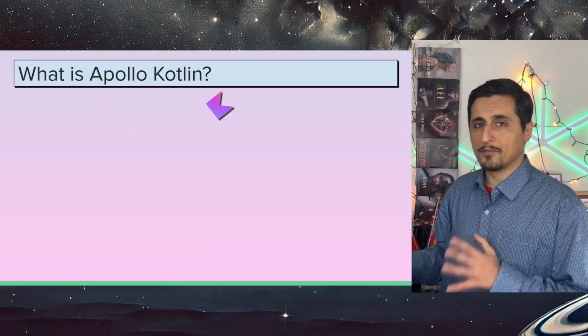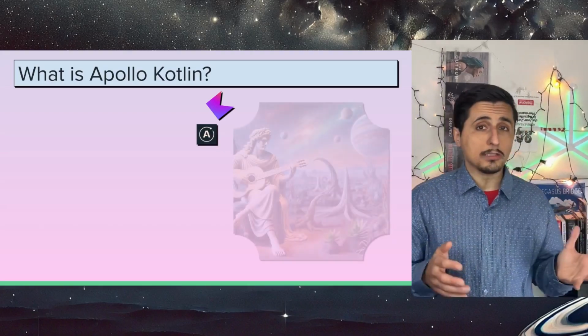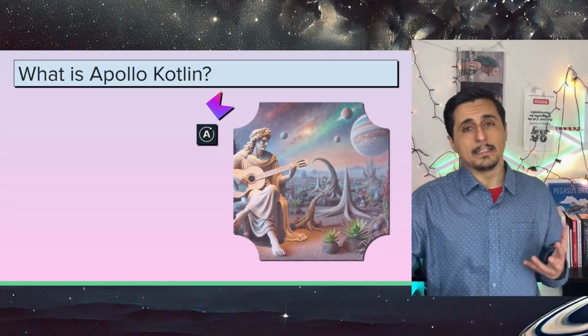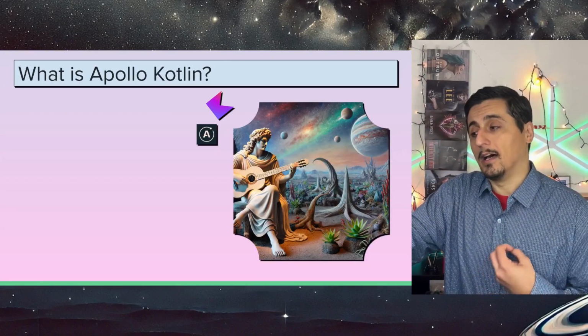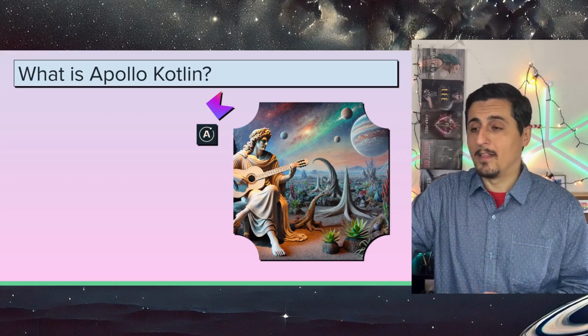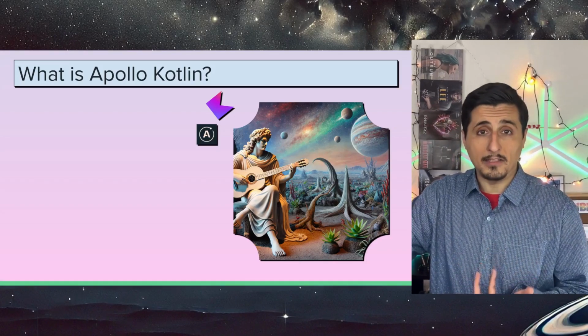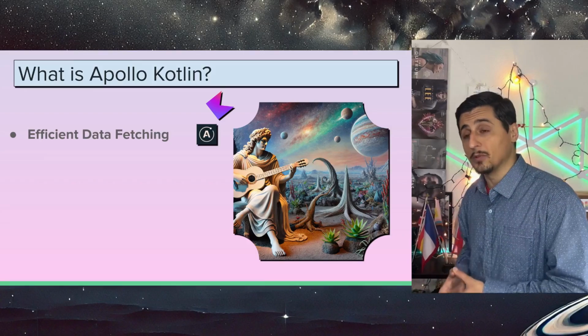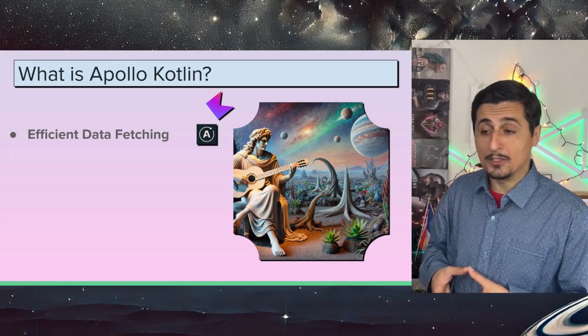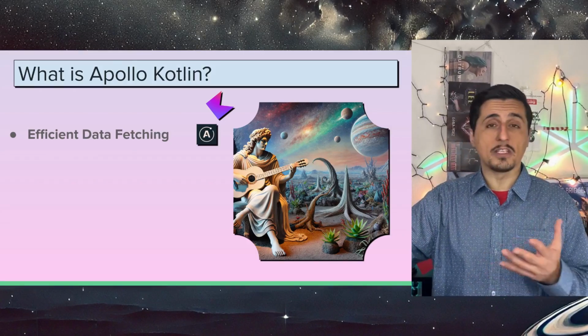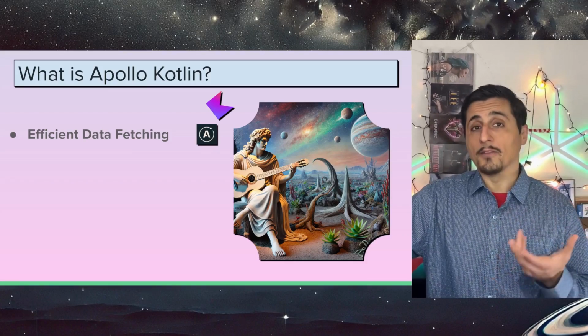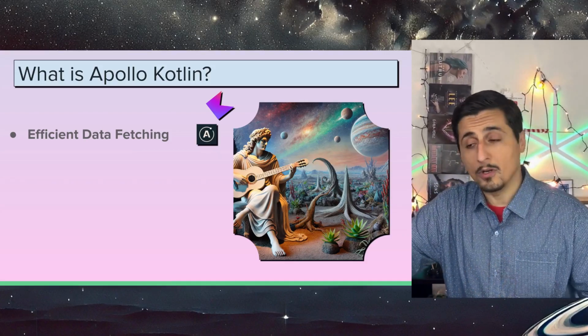And that was GraphQL. But what is Apollo Kotlin? Apollo Kotlin is a library, a framework that allows us to create clients to be able to communicate with our services. It allows for efficient data fetching. As we have seen before, we can define the fields that we need and the functions we want to call.